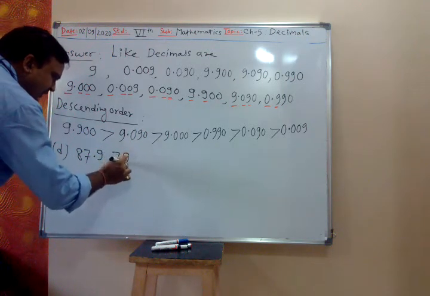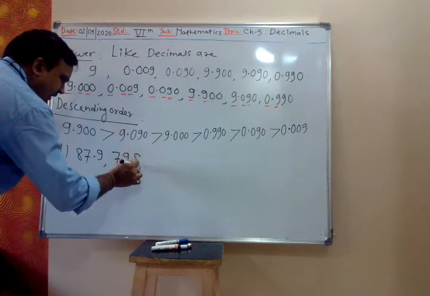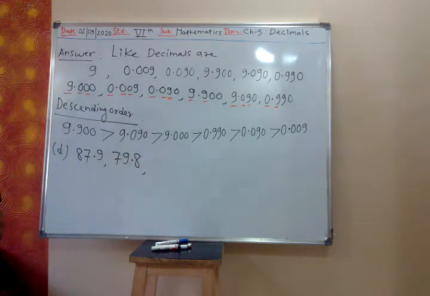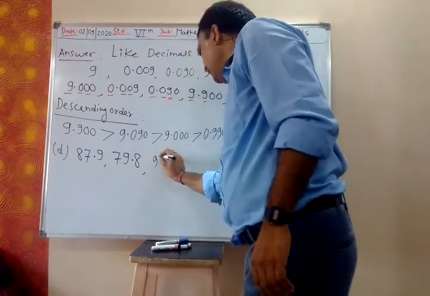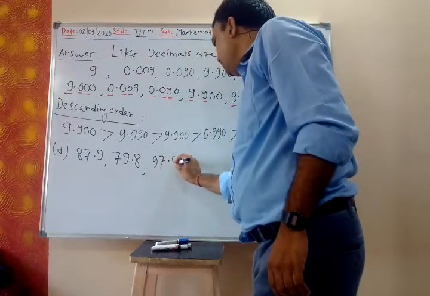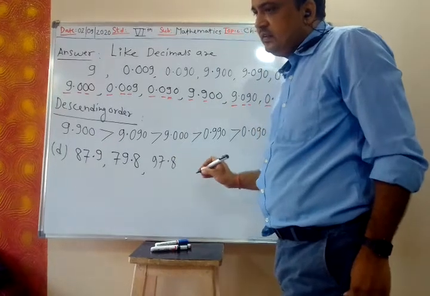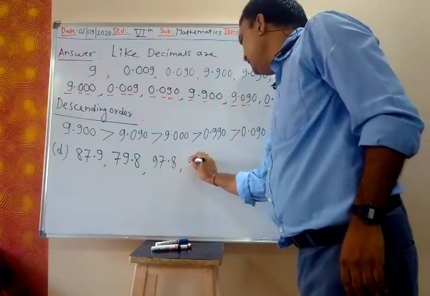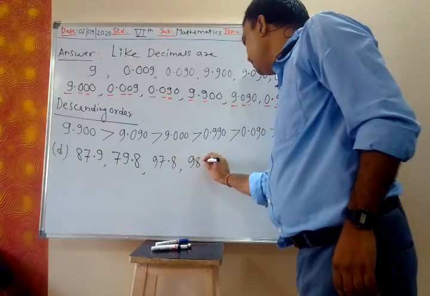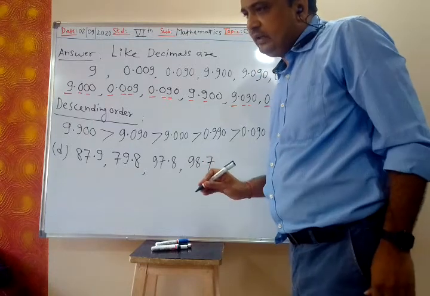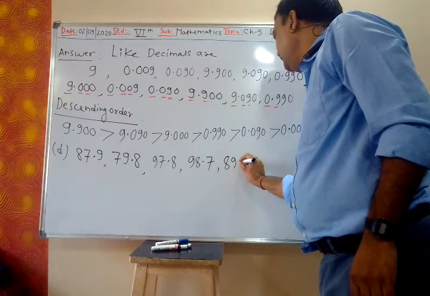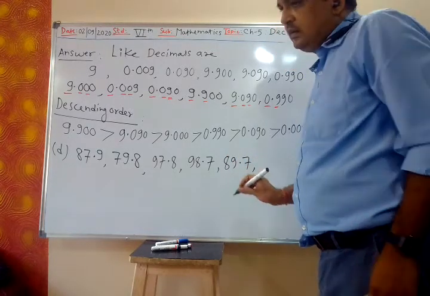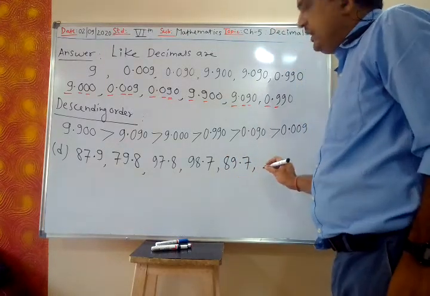Write this. 79.8. Write down this question. Then 97.8. Then 98.7. Then 89.7. Then 8.97.